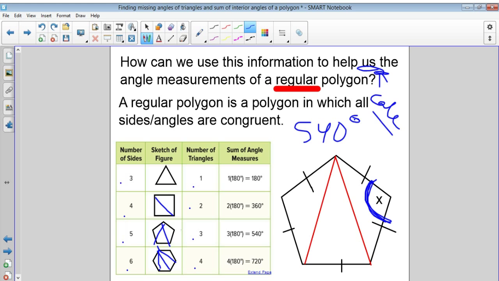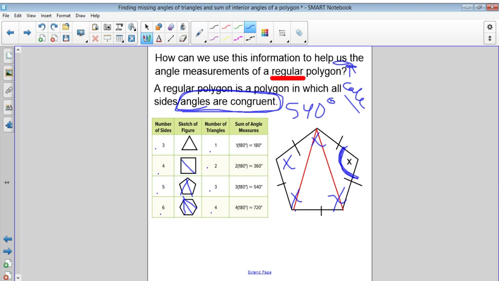Now this can only be done for a regular pentagon because, why? All of the angles are congruent. So what does that mean? This x could be put in every corner, right? So algebraically, 1, 2, 3, 4, 5. 5 times x is equal to 540.